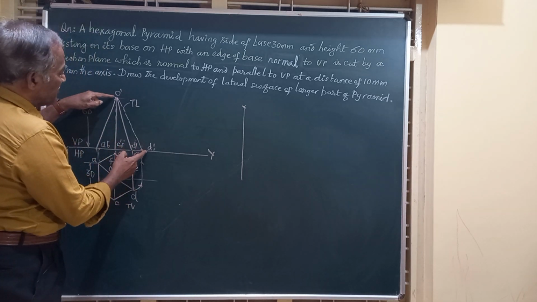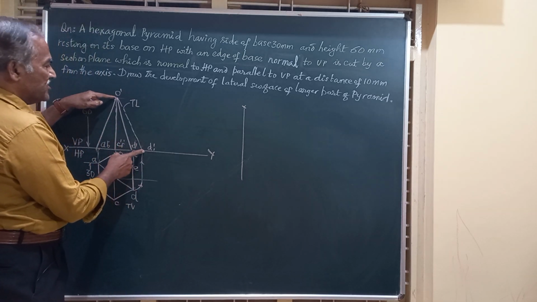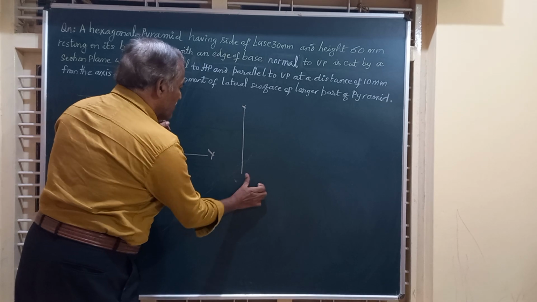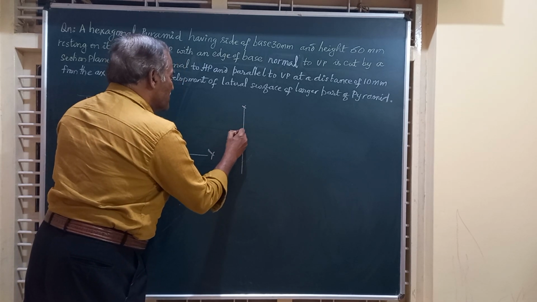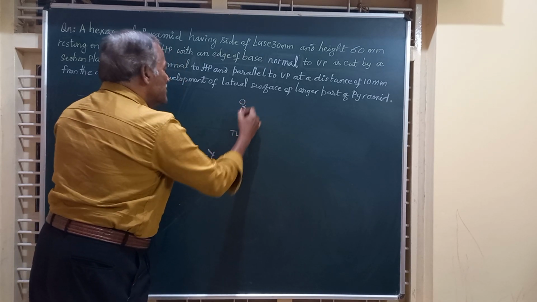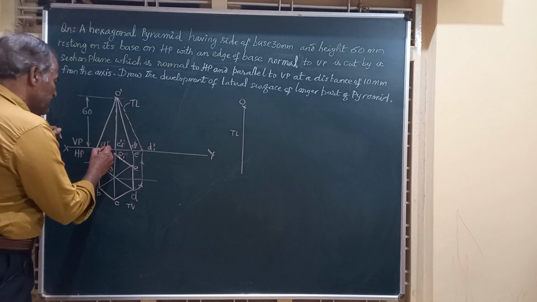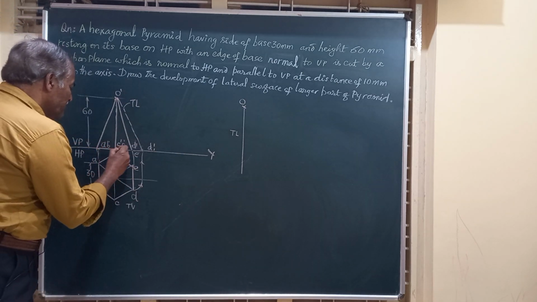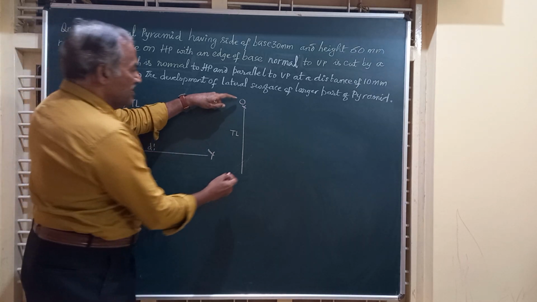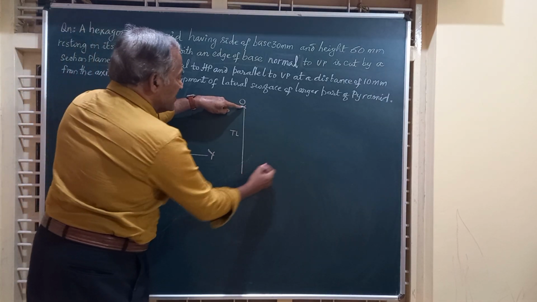Friends, I take a measurement O dash D1 dash equal to this true length, and I will call this the true length. Mark O, the vertex of the solid. Once you have the true length, you can draw an arc taking O as center and the true length as radius.